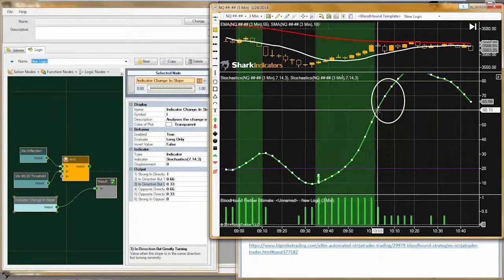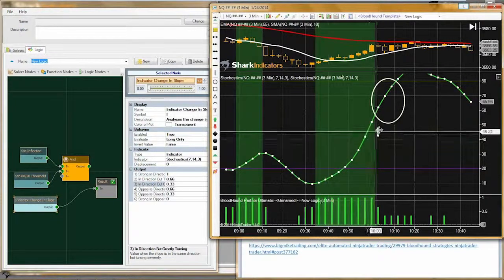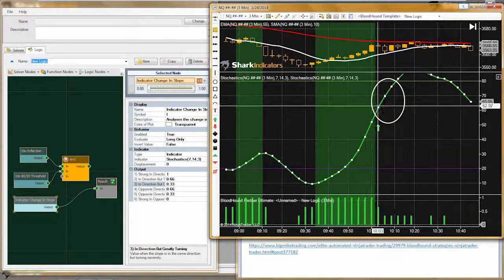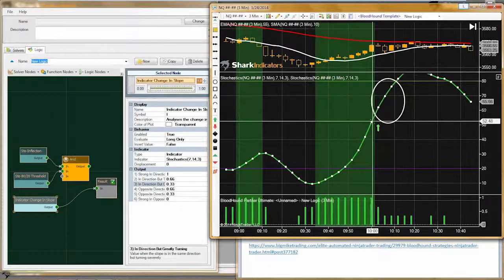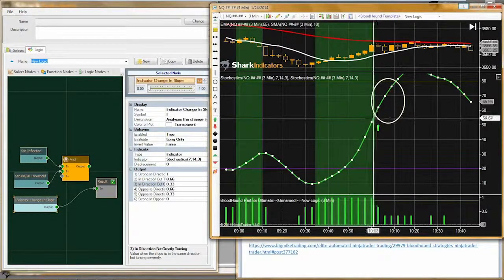And then finally, on this bar here, the angle is not rising anymore.